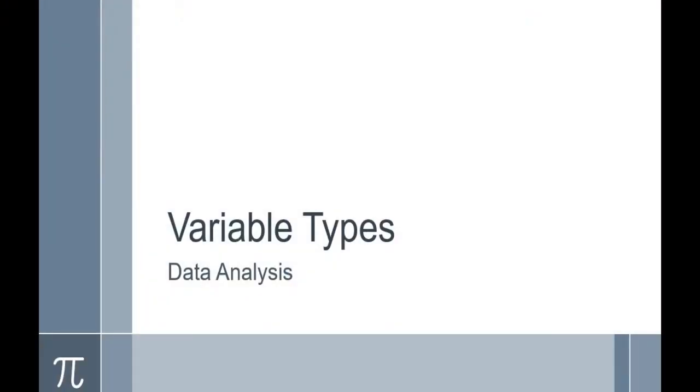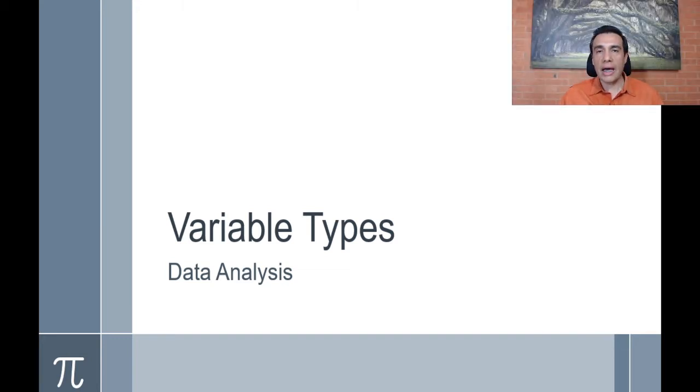So when we are talking about variable types, when we are talking about data analysis, the idea is that we are able to assign a label, a measure, a distance, a relation to our data. So mainly you are going to be applying surveys or questionnaires.